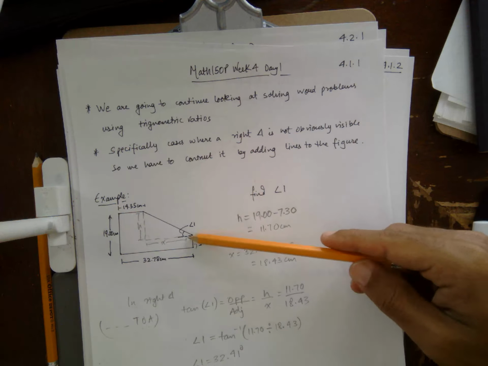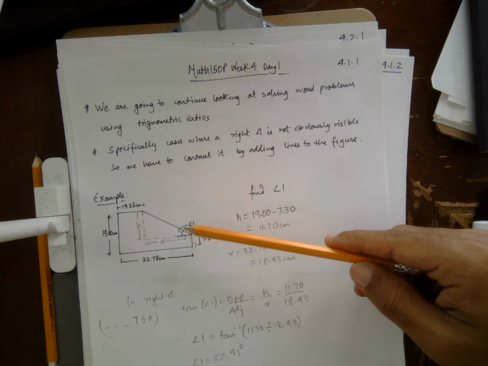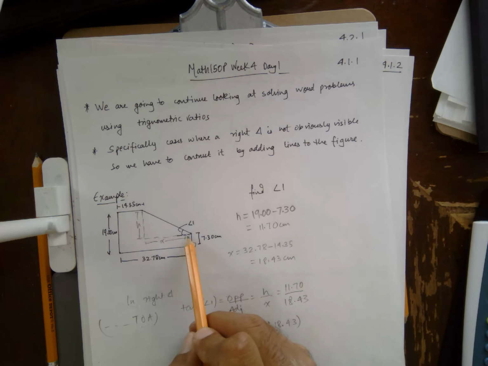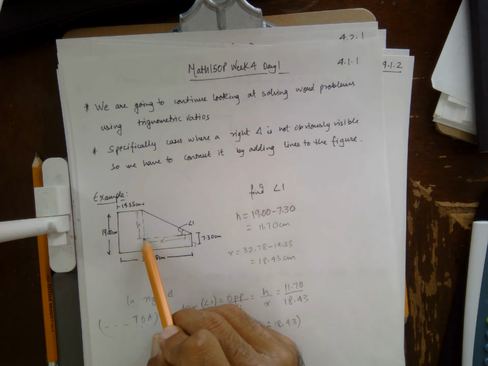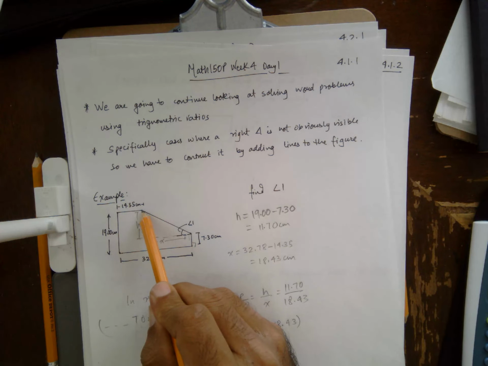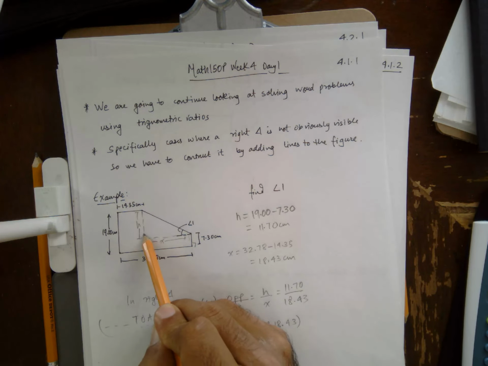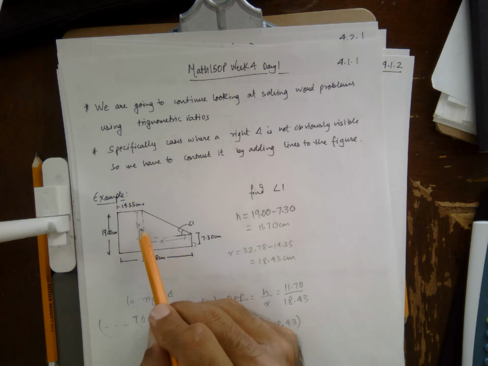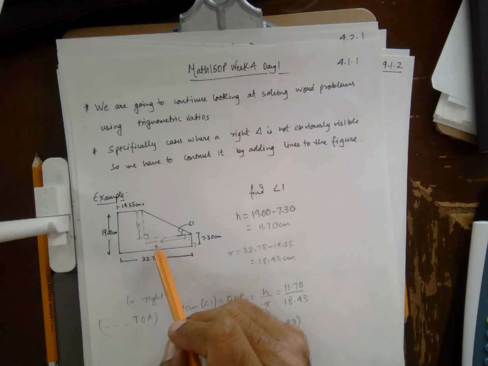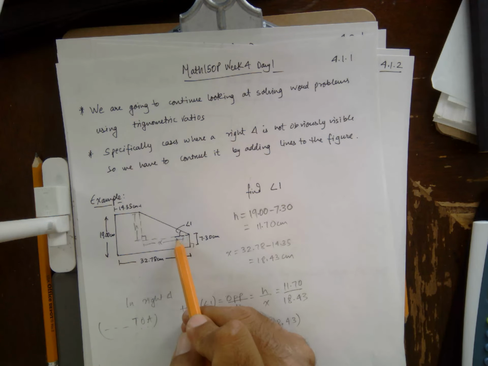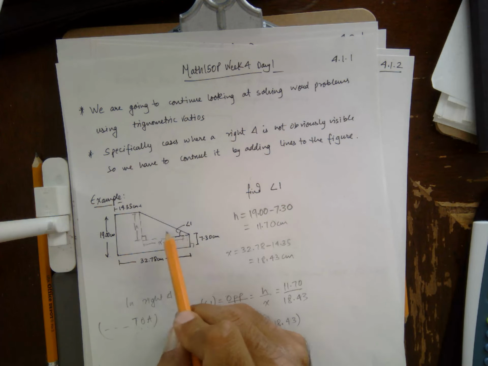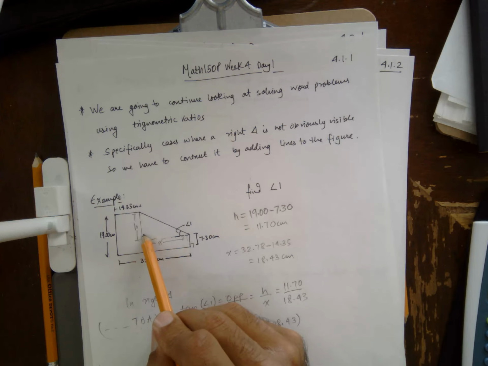So in this problem, you have to find angle 1. Since there is no right angle obvious, what I do is I extend this line horizontally and this corner down vertically. Label this as H and X. The backward thinking here is for finding angle 1, I need a right triangle with these two sides.